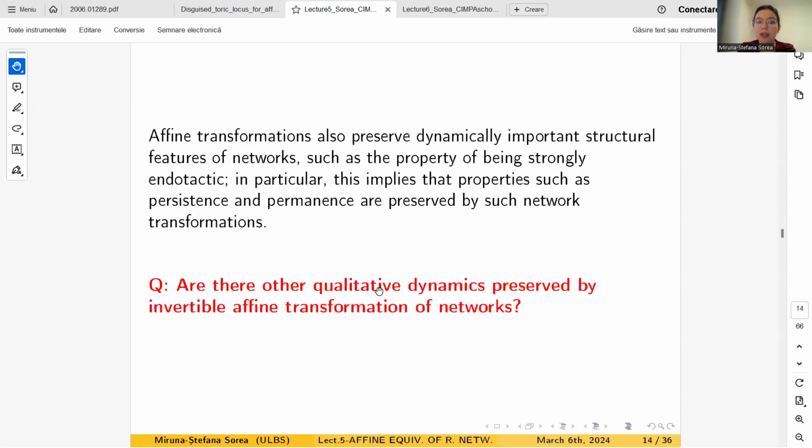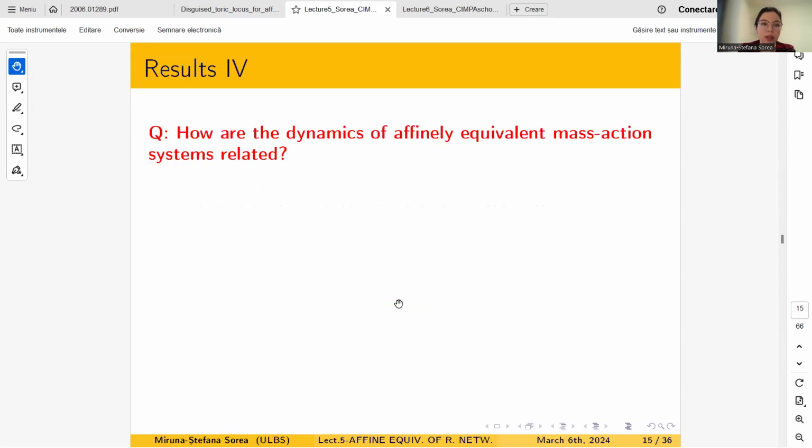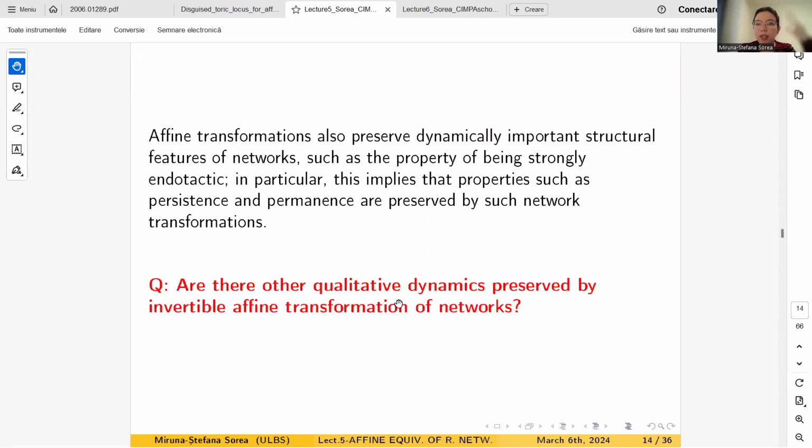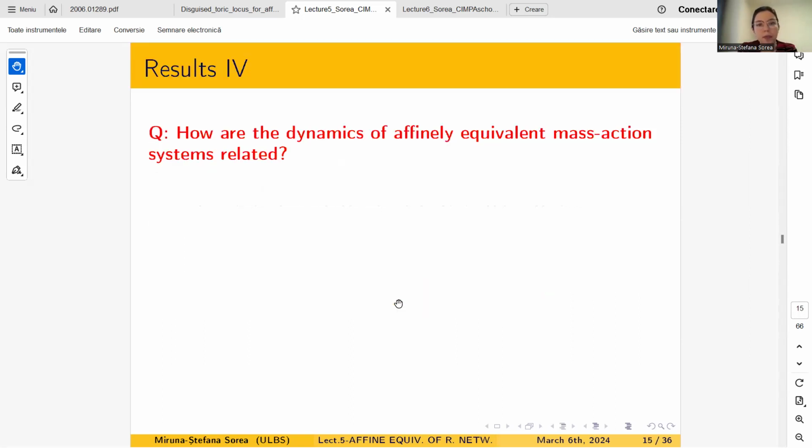This is the question. Are there other qualitative dynamics preserved by invertible affine transformations of networks? Maybe let's think outside of this context of disguise in general. Or differently put, how are the dynamics in general of affinely equivalent mass action systems related?